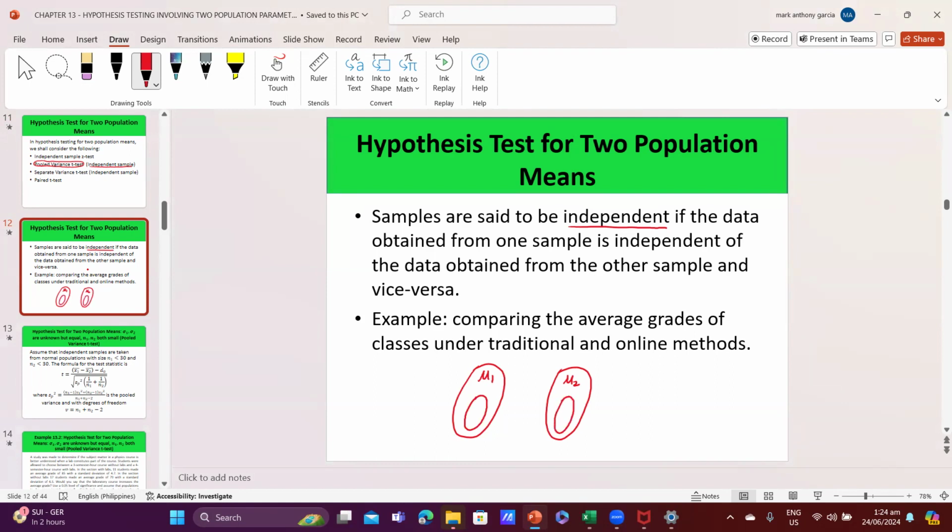Now, the grades that we get from students in the traditional classes do not affect the grades of the students under the classes under online methods. So here we say that these two sample groups or the sample data that we get from these two sample groups are independent of each other.